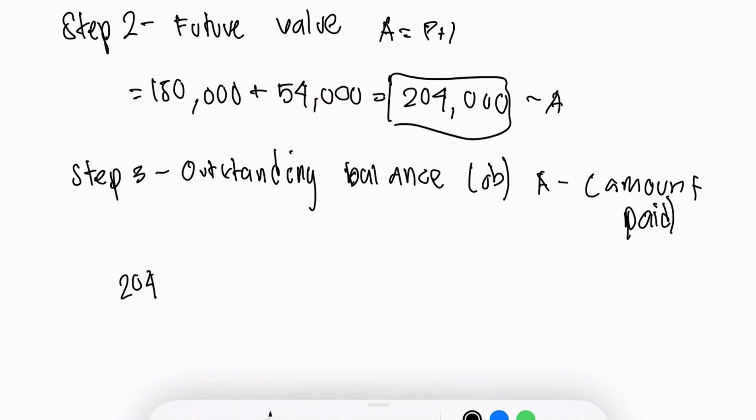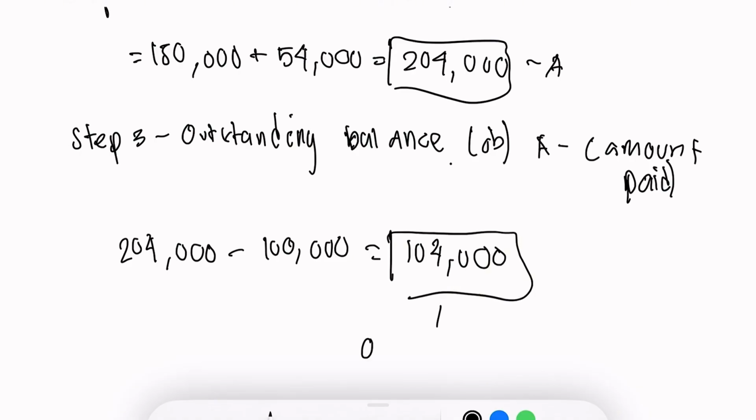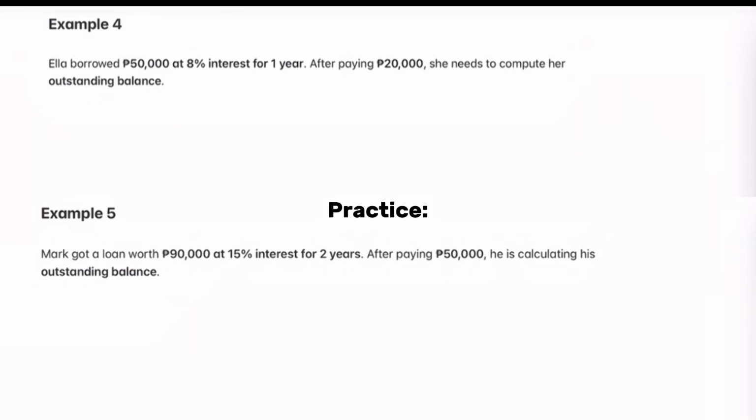So let's substitute the values to the formula. So the value for our A is 204,000 minus the amount paid, which was 100,000, is equal to 104,000. So that is our outstanding balance. Now you can try this yourself.